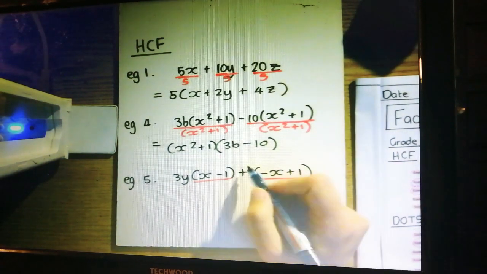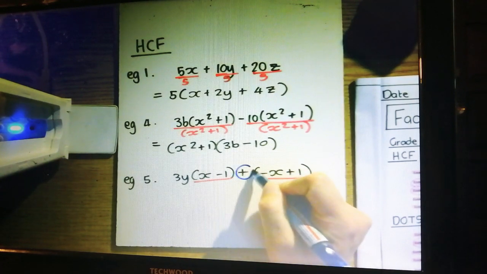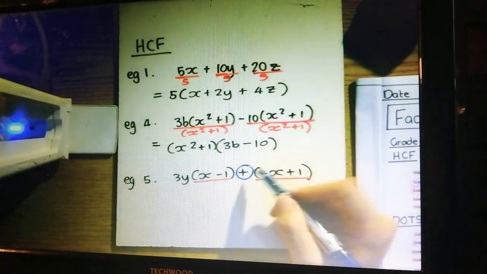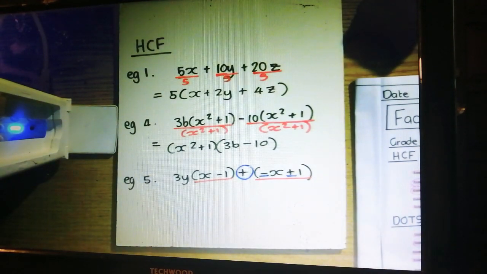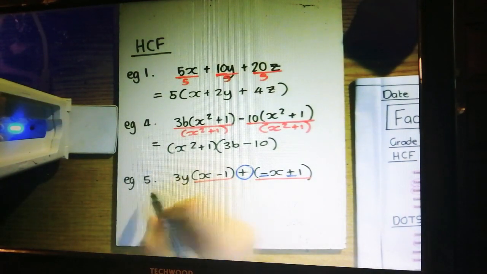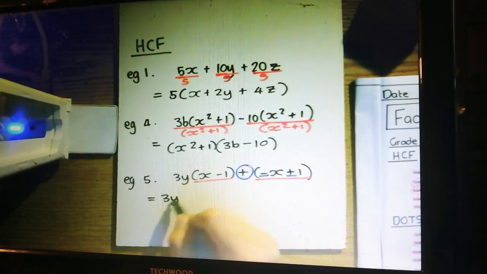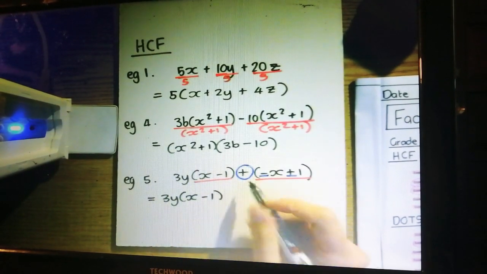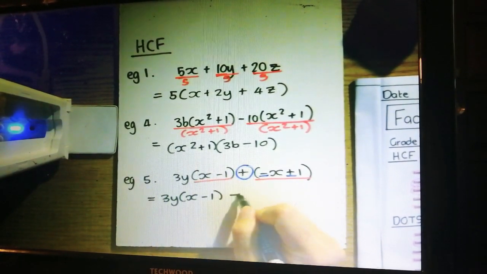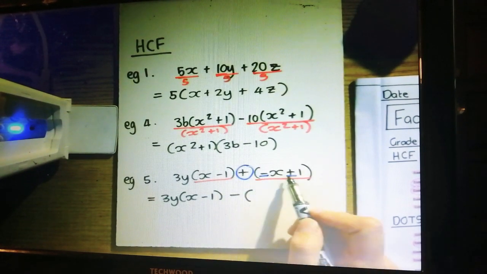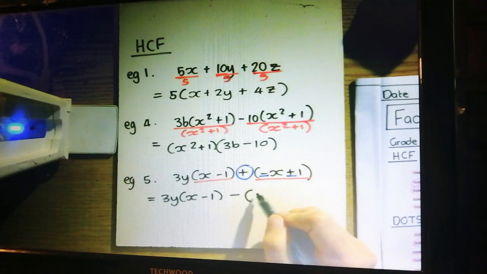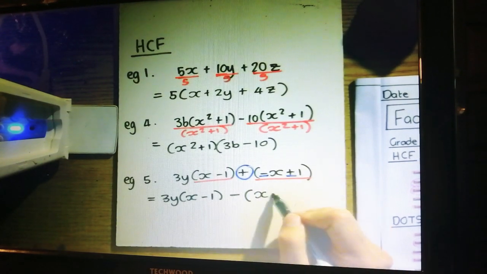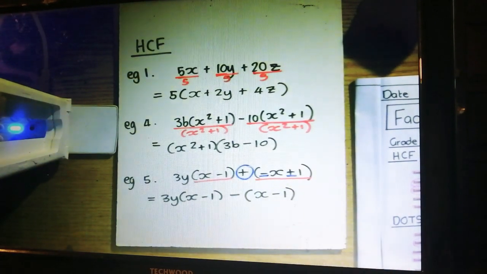If you can remember from last year, you change the sign outside the bracket, and every other sign inside the first bracket also changes signs. So the first term stays the same, 3y(x minus 1). I change the sign to a negative, and then the signs inside the first bracket change. So the negative becomes positive x, and the positive 1 becomes negative 1.